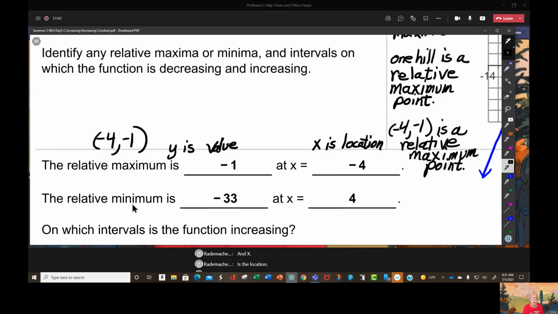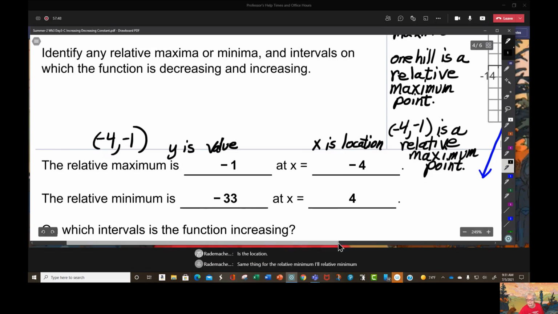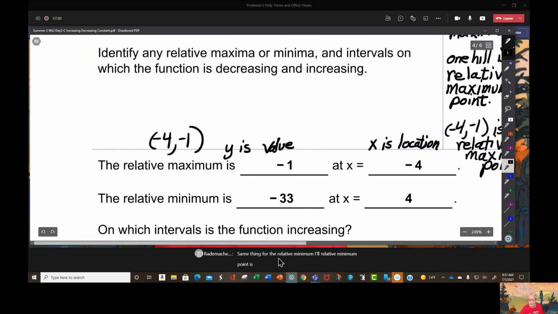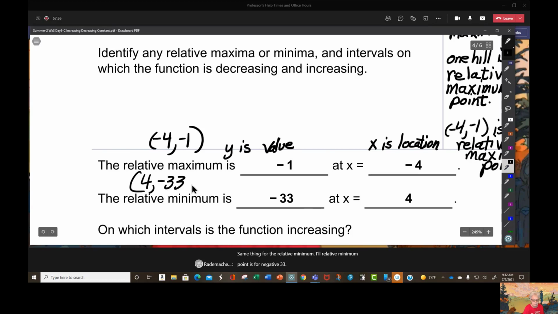Same thing for the relative minimum. Our relative minimum point is 4, -33. -33 is the relative minimum. If we were working with quadratics, we would say the minimum value, forget relative.